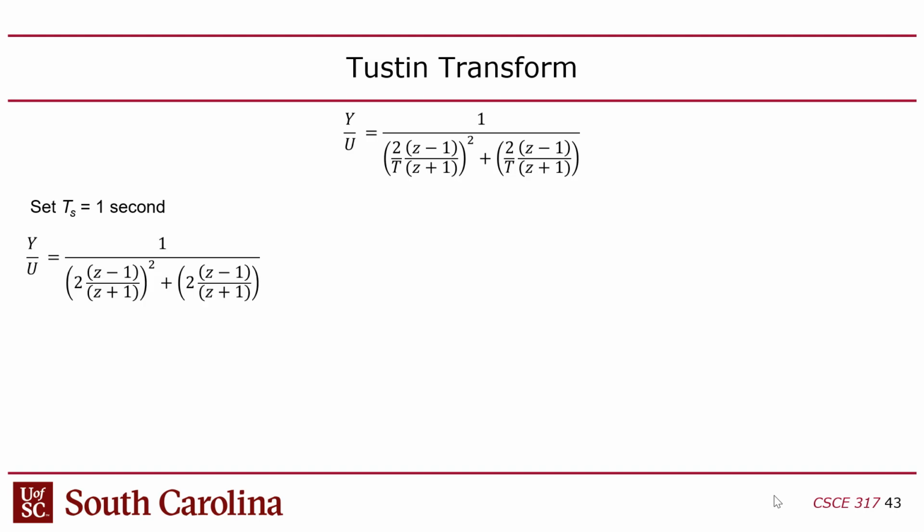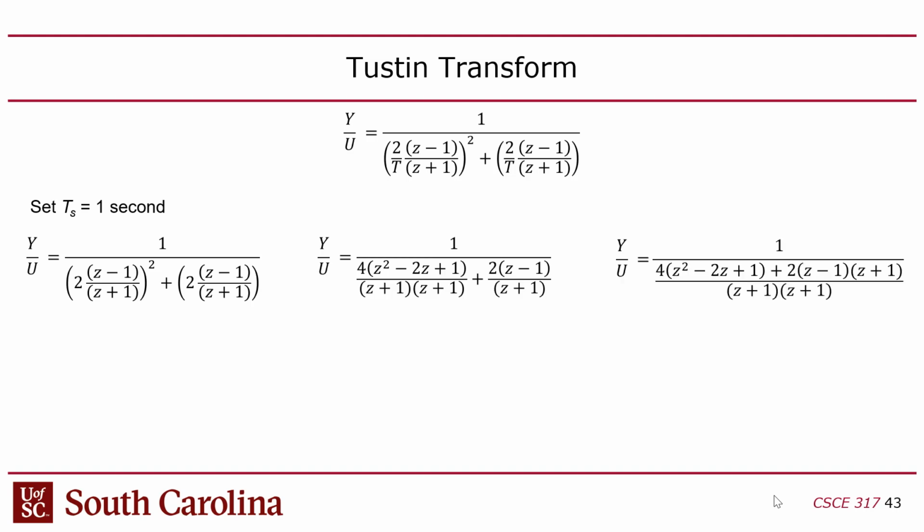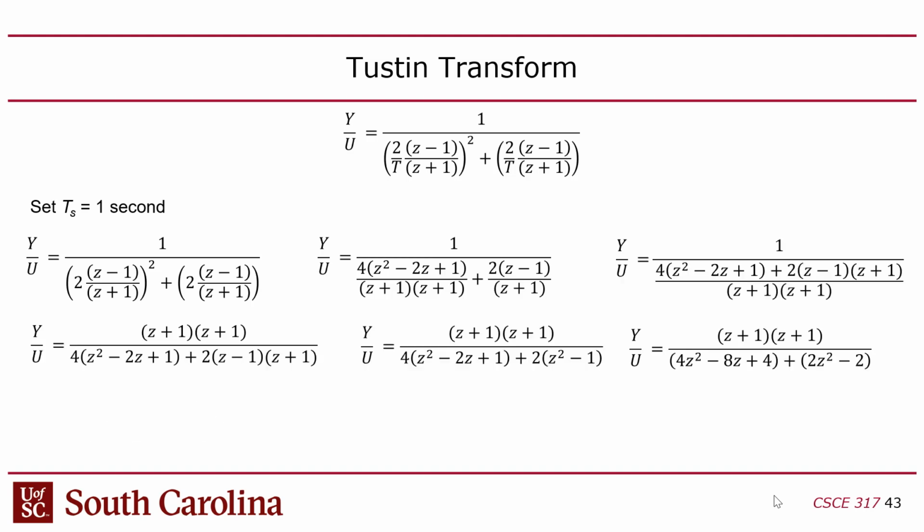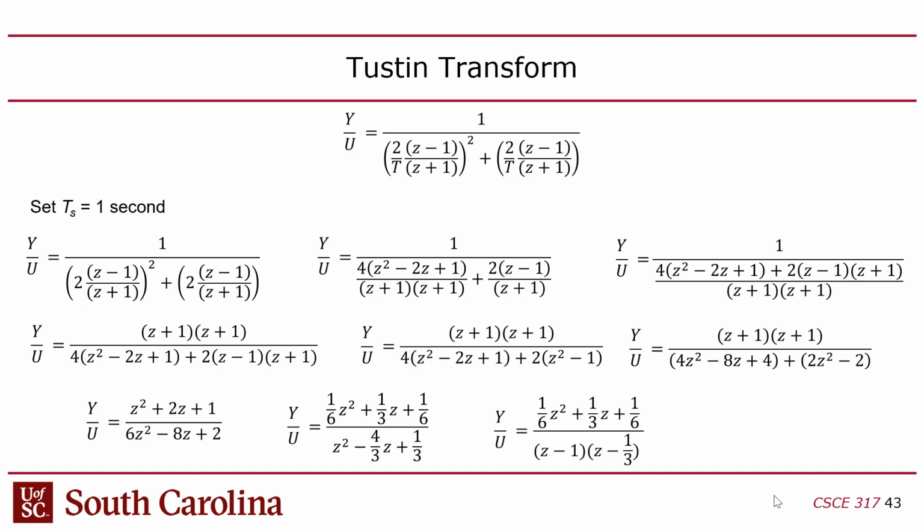And then I'm going to try to factor this out. I want the denominator to be a factored polynomial. So I had to go through all this stuff, and now I have my roots.